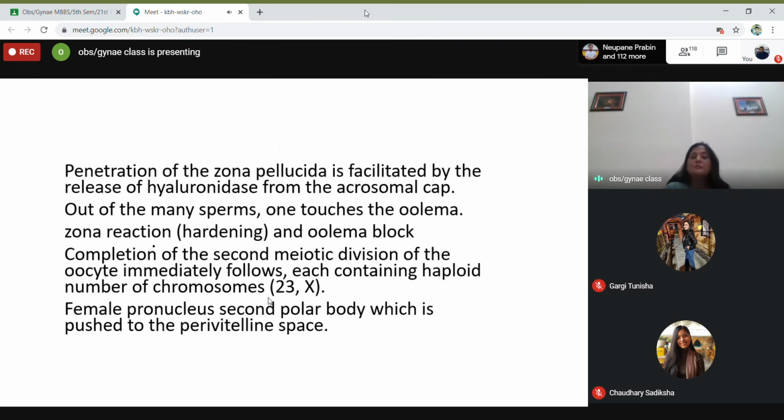Penetration of the zona pellucida is also facilitated by release of hyaluronidase from the acrosomal cap.